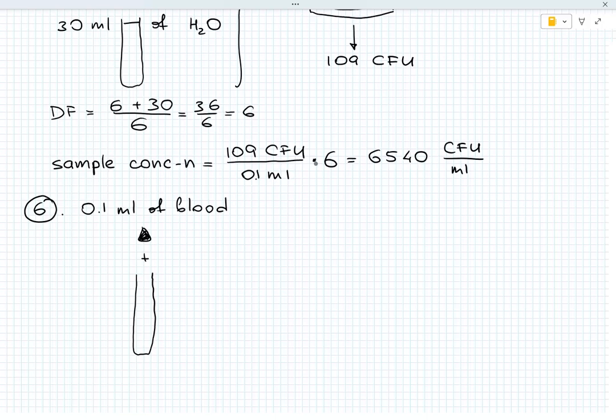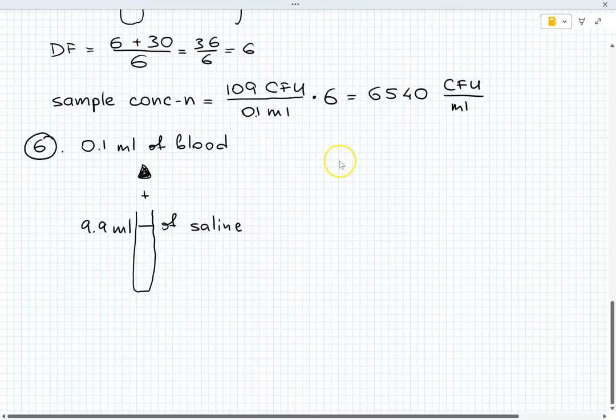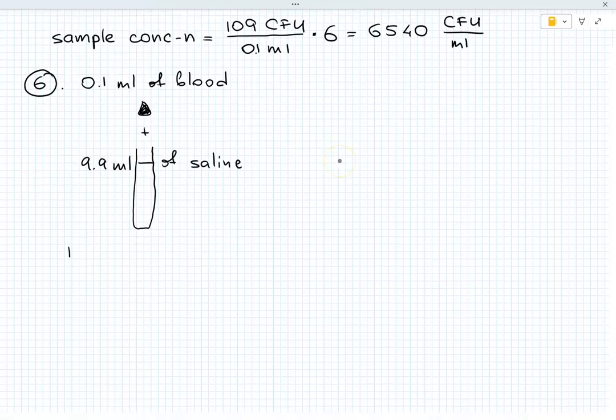Why I'm asking, not because I'm blind or an idiot, but I sometimes can look at a different problem and mix something up. This is why I ask you to verify. So 9.9 milliliter of saline. This is your dilution 1. Everybody agrees with that? Because you're going to dilute it one more time.